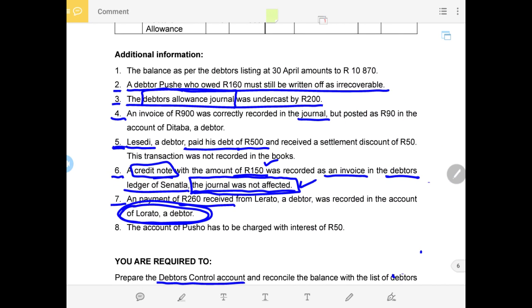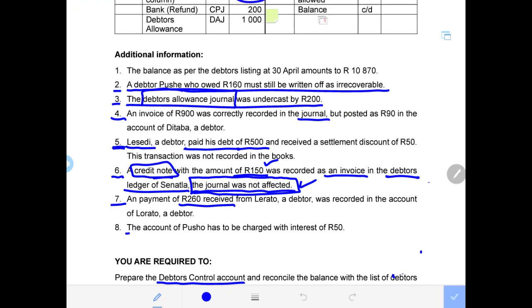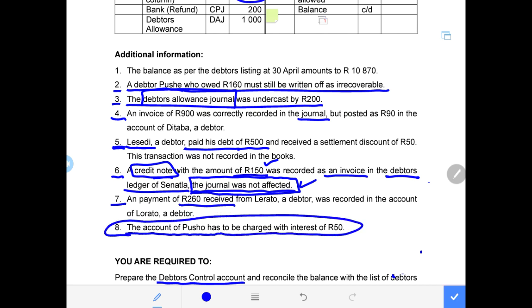Then now we are approaching number 8. Number 8 says the account of Pusho has to be charged with interest. Whenever there's interest, there's another one that I recorded on the creditors reconciliation. Under creditors reconciliation, I initially made an error on this 50 rand, which was interest.